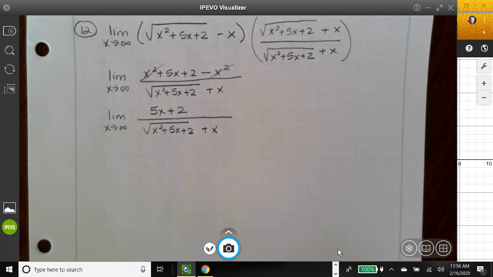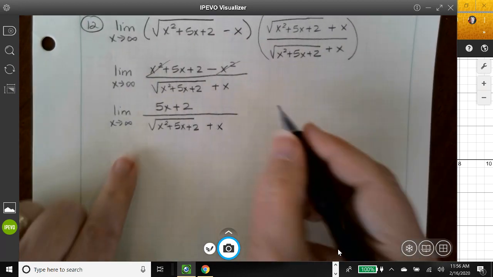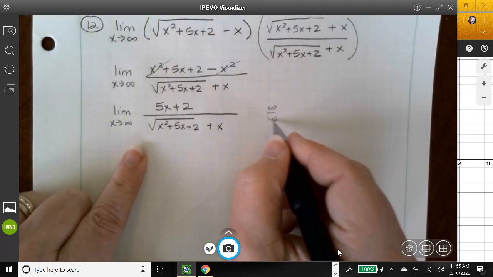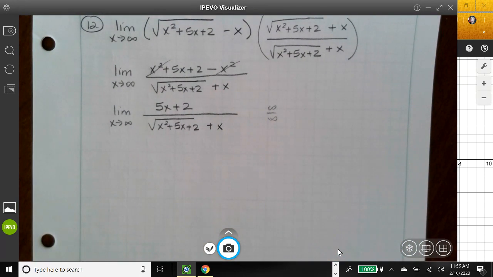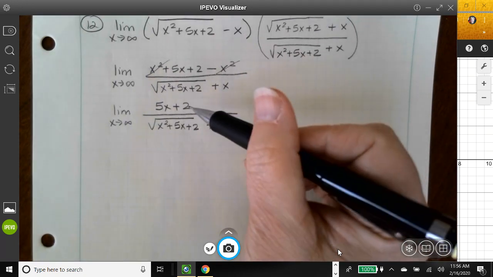Now, you would think that using L'Hopital's rule here, because these both are going to be infinity over infinity, would be helpful. And you think it might go to 1, but you don't know it'll go to 1, or it could go to something else. But in this case, if I were to take the derivative of the top, that would be really easy.